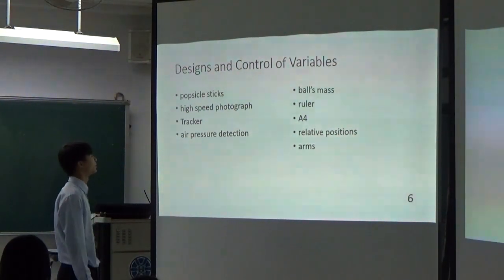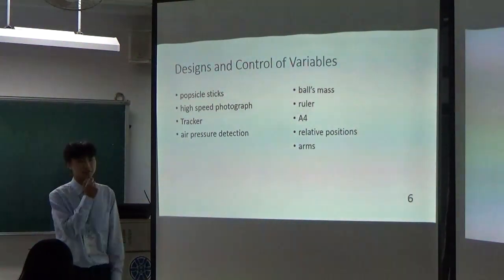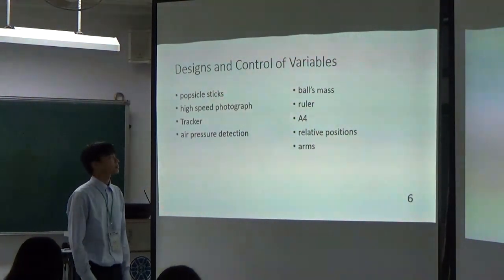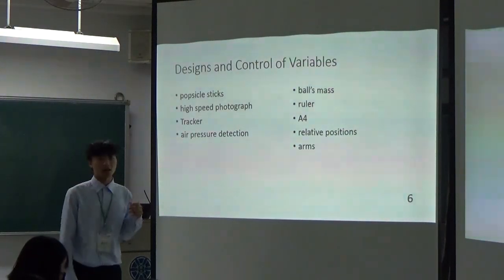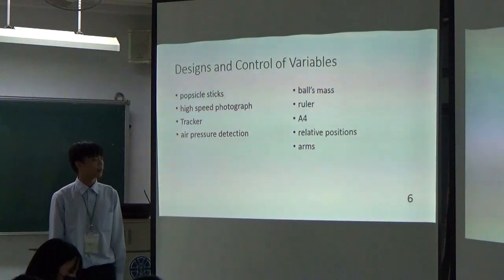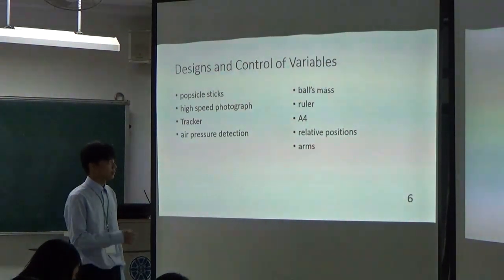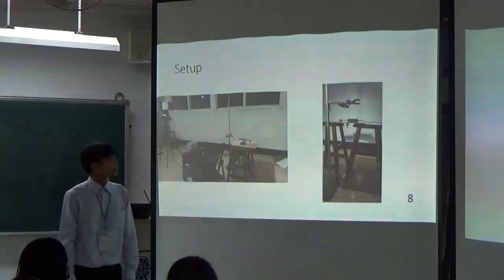On the other hand, we set a pressure sensor and get the pressure. As for the control variables, the first are the objects themselves, and the next are their relative positions, the arms, for example.